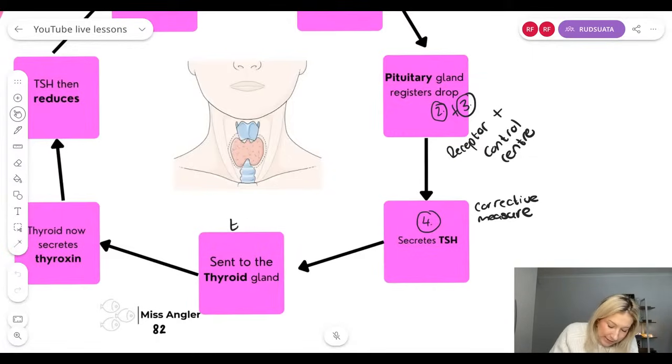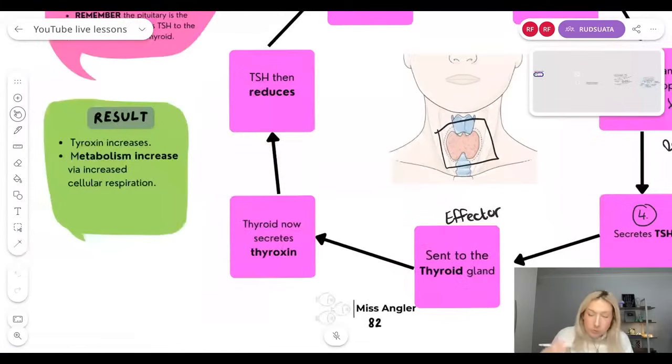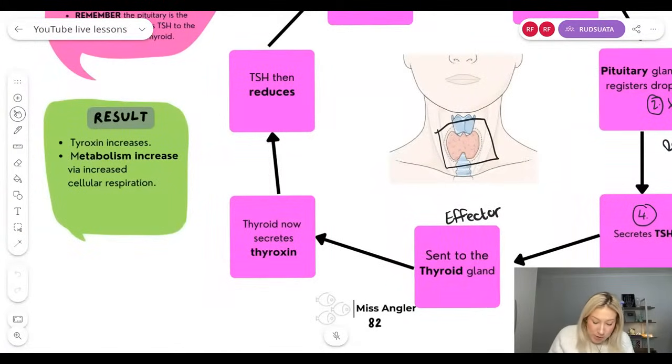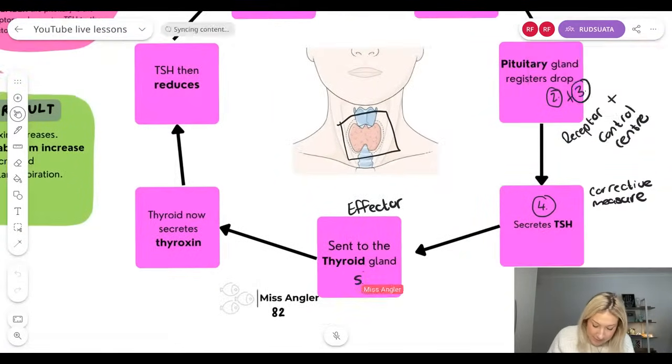The thyroid gland is the effector, and you can see it in this diagram, on your throat. The effector, which is the thyroid, now secretes thyroxine. If I'm numbering this again, this is number 5, and this is now number 6.